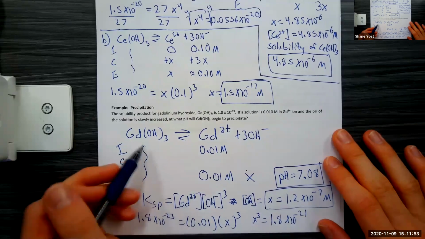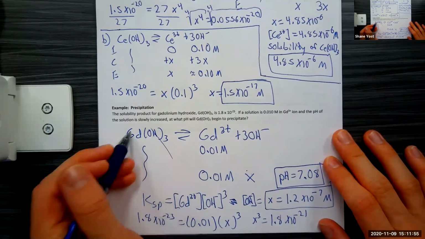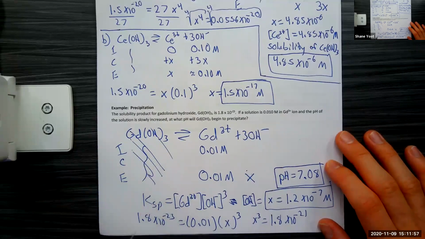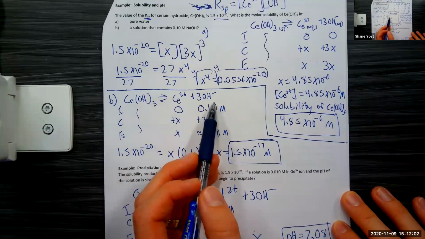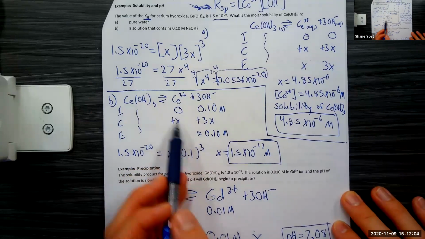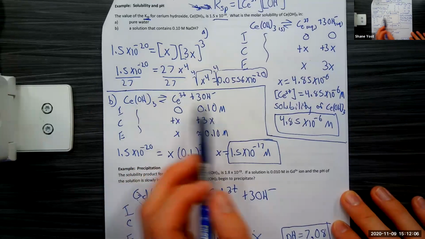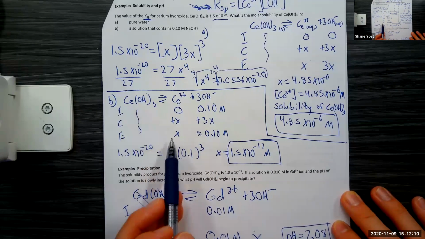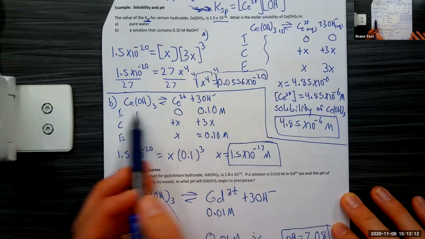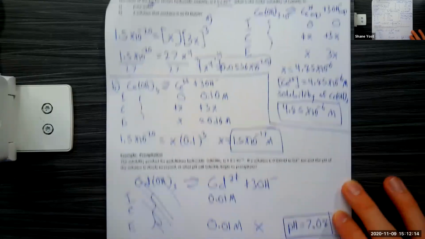I don't have any solid initially. In the previous problem, I started off with some solid and it was dissolving, so all the moles of ions getting added to solution were coming from the solid, based on the balanced chemical reaction.